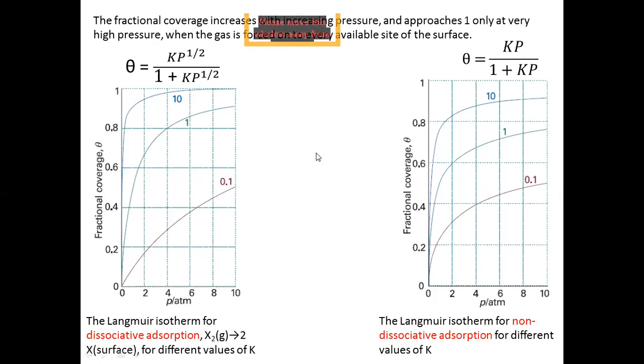So this is all about today's lecture. We have derived the equation for the dissociative adsorption, and later on we compared both equations, the dissociative adsorption with the non-dissociative adsorption.